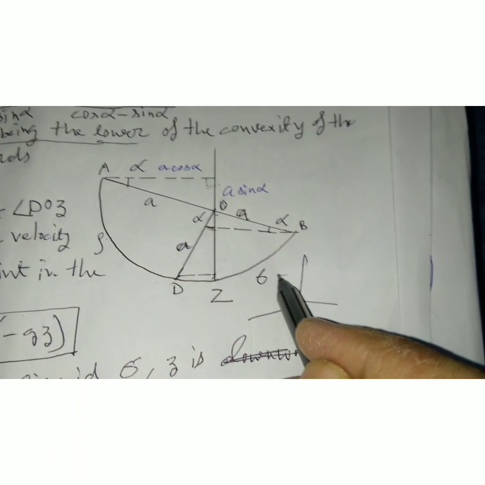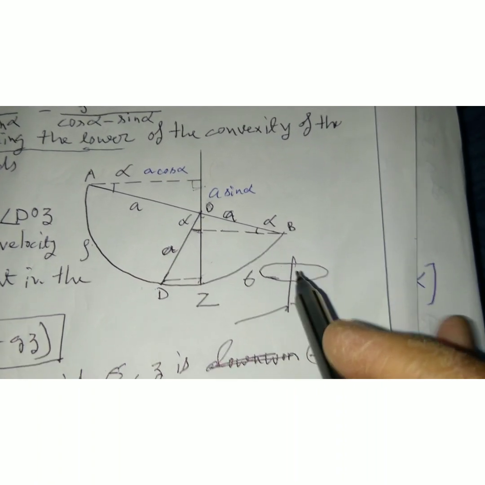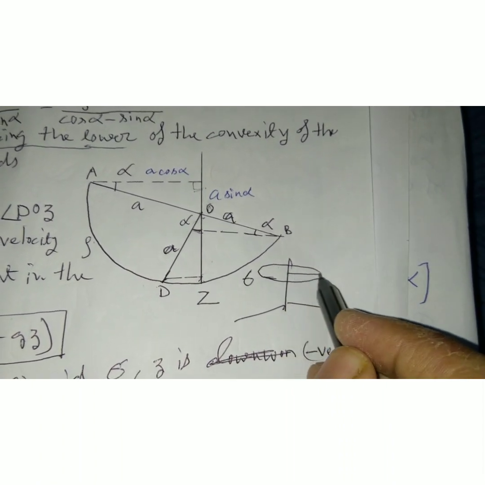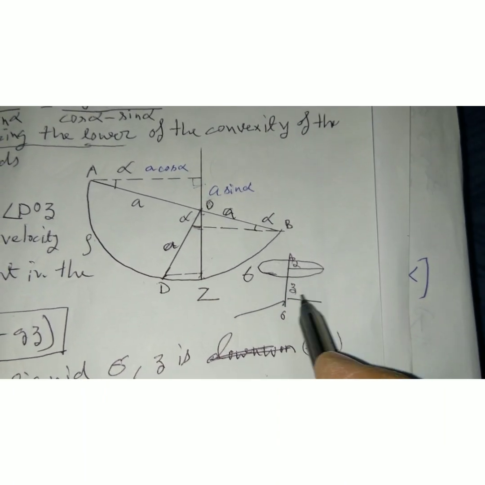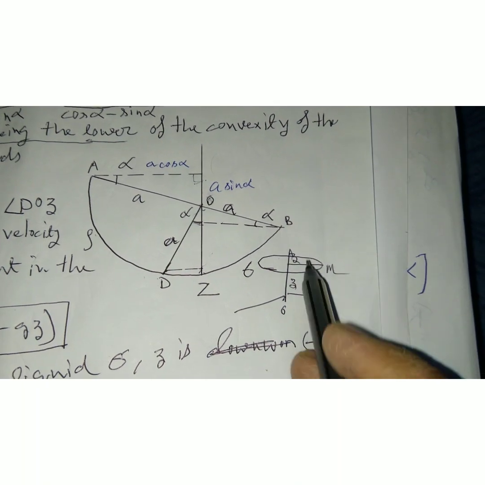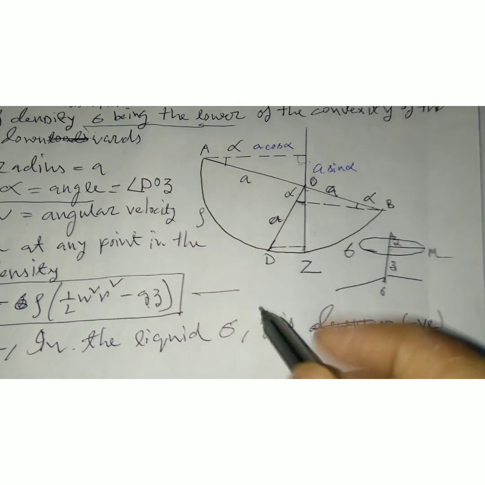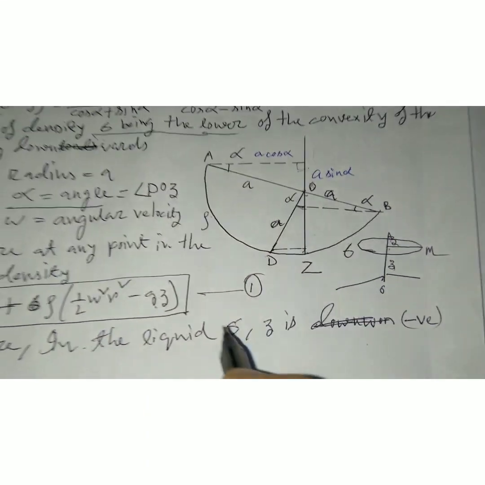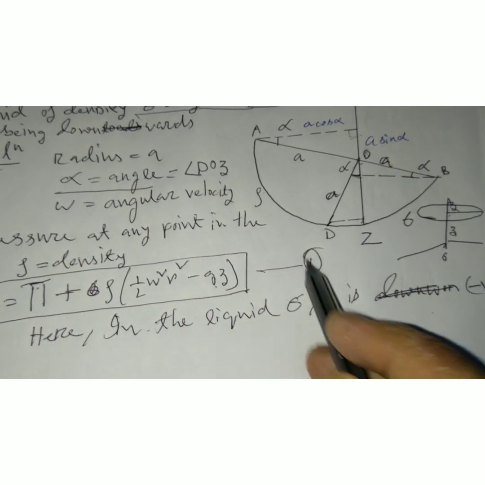I discussed in my second fluid mechanics class that the rotating fluid moves this way along OZ, where z is the position of the particle, and according to the position, the term is minus gz. This is the equation I told you in my second class.